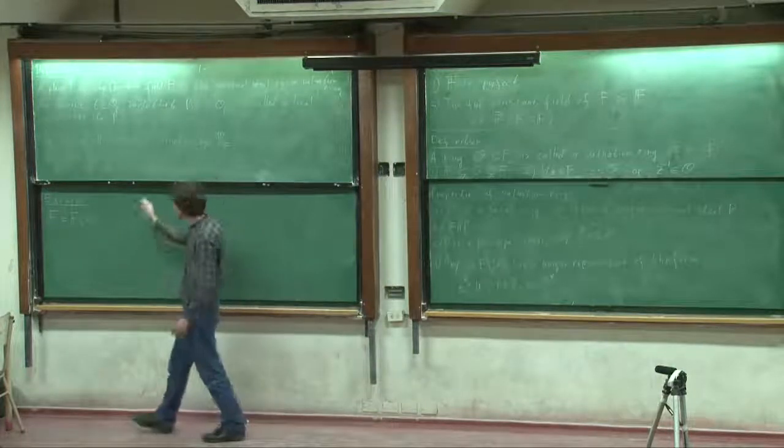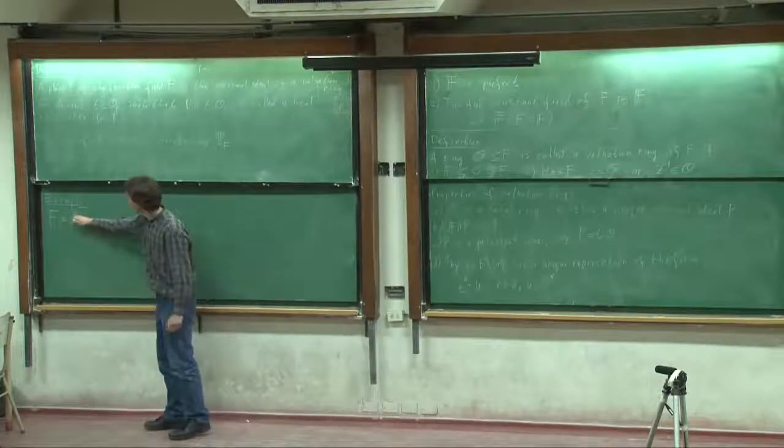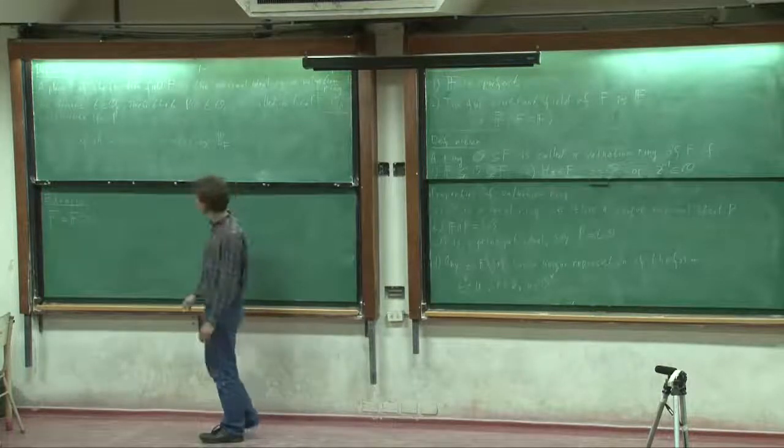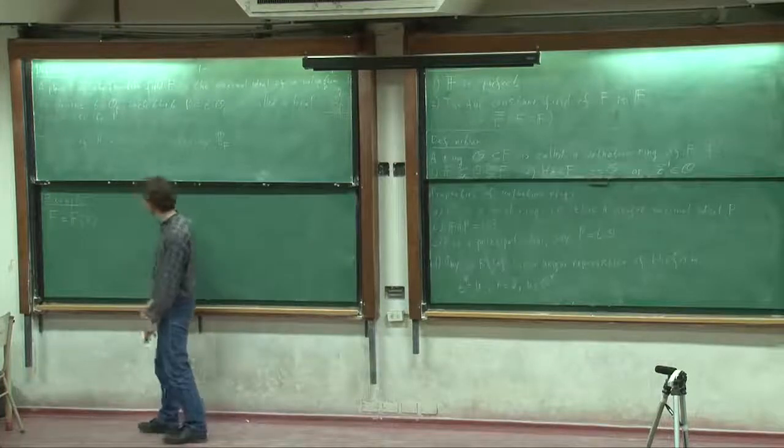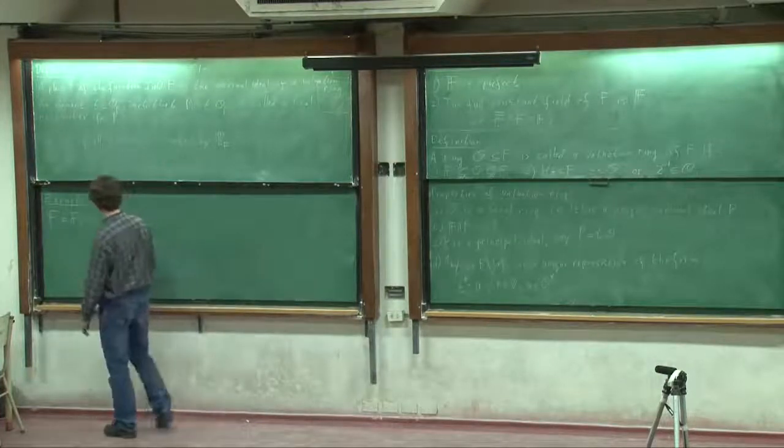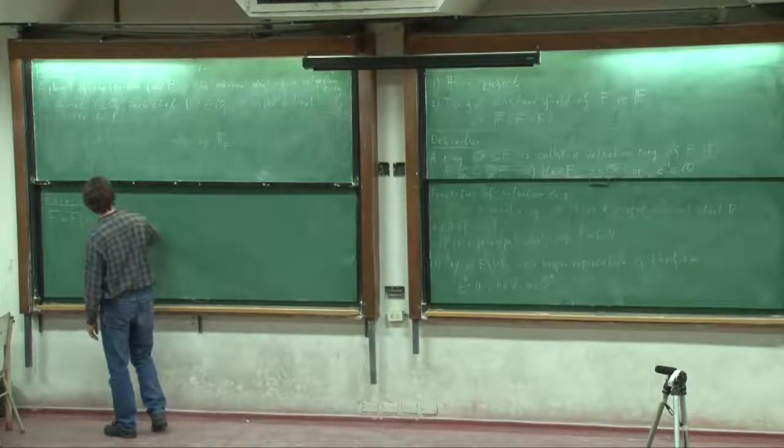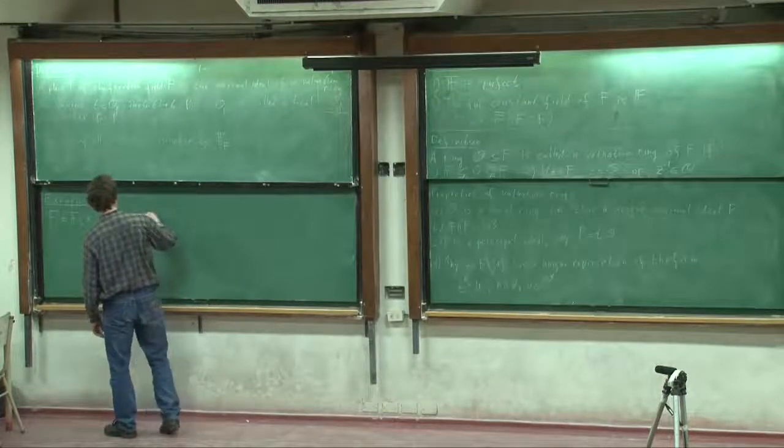So we pick any transcendental element x, we form this field, and what happens in that particular case? It certainly is a function field, and yeah, it is called a rational function field.